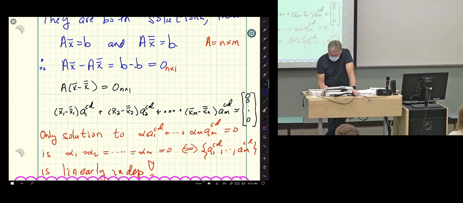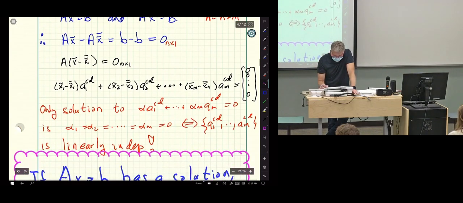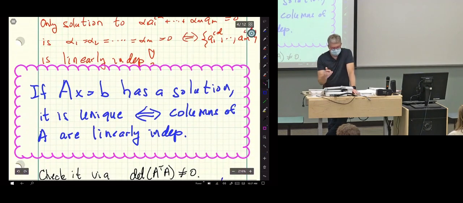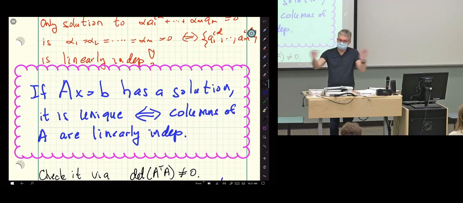And if the columns are linearly independent, then this coefficient has to equal that coefficient, this coefficient, that coefficient, in A. All the components have to be 0. And then we get uniqueness of our solution. Kind of amazing, huh? All that bookkeeping puts together, and you get this really clean characterization.